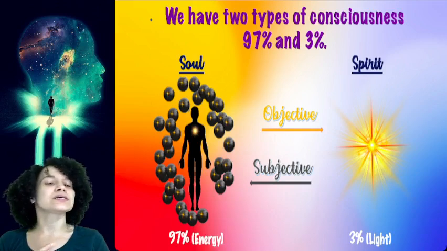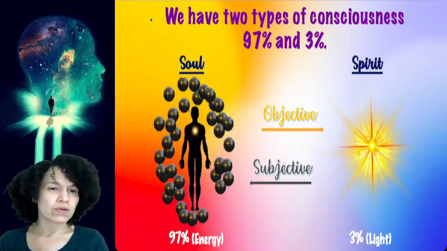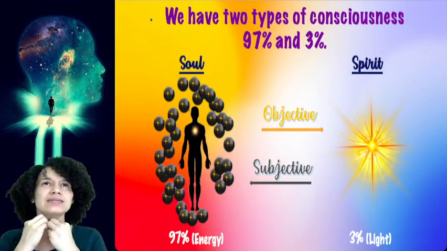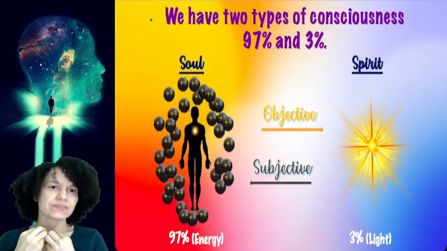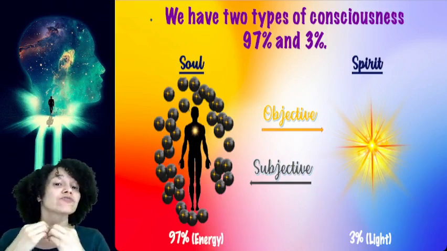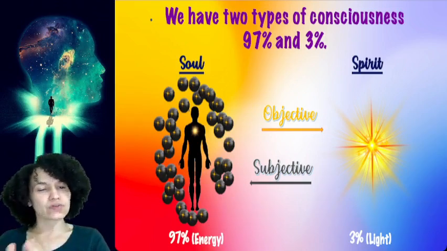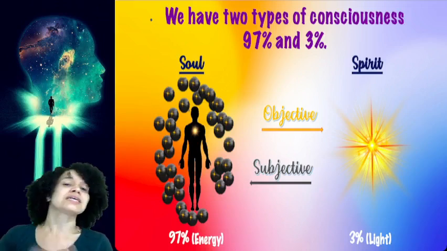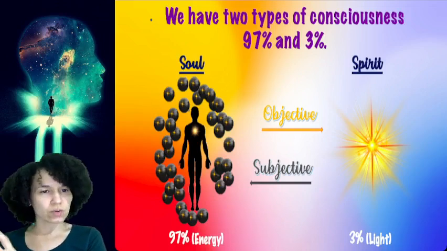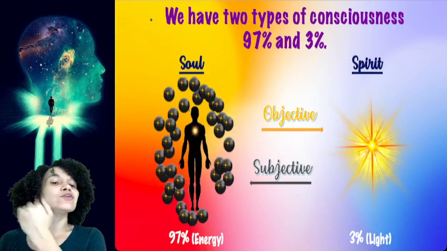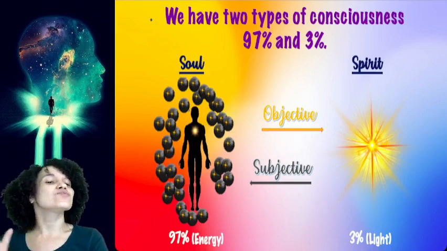It cannot be trapped by the ego, because it's the divine and self-conscious part in all of us. And it is in charge of helping to release the other 97% of consciousness that was trapped in the ego, so that we can learn, so that we can achieve wisdom.